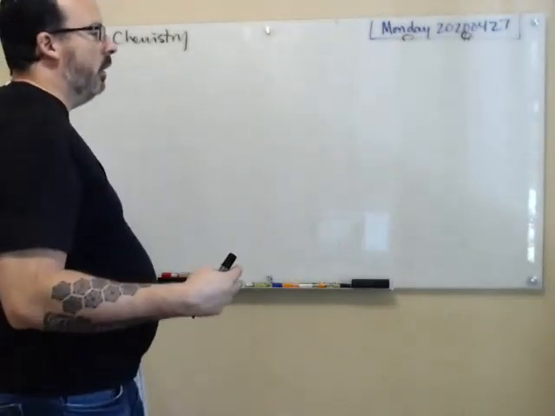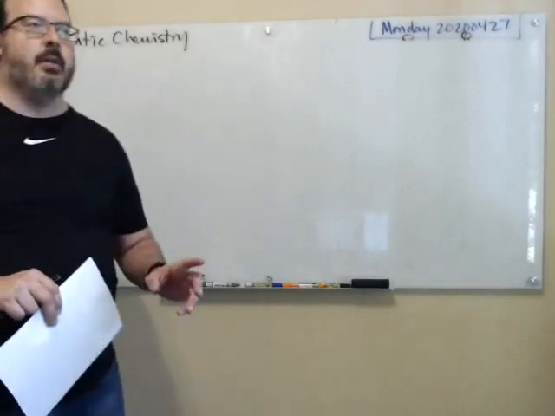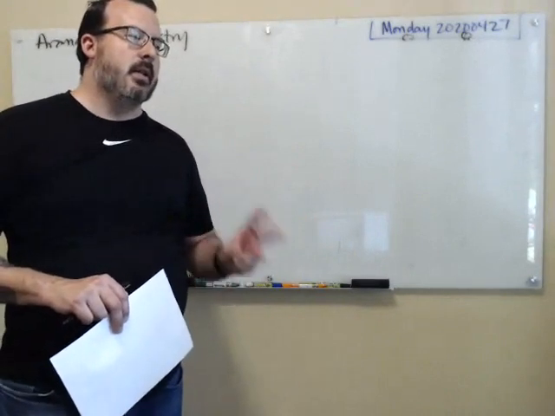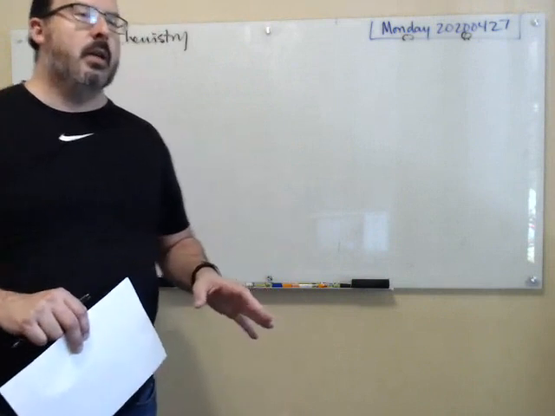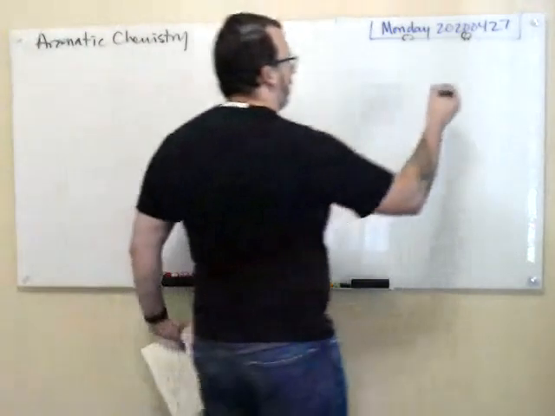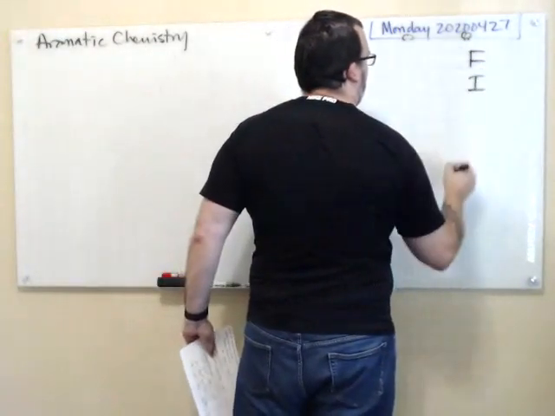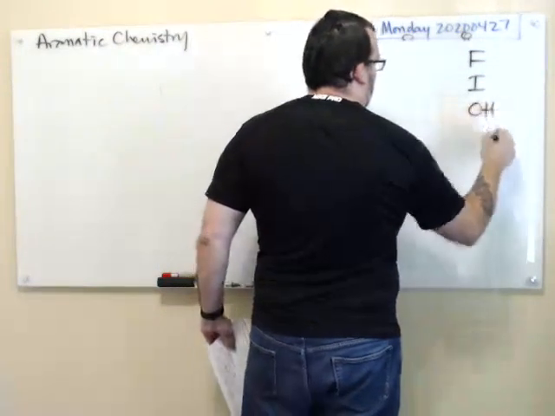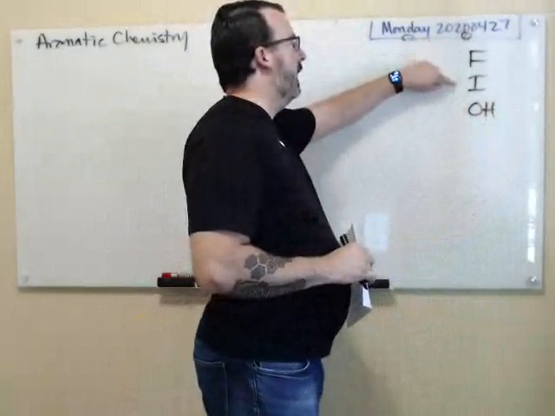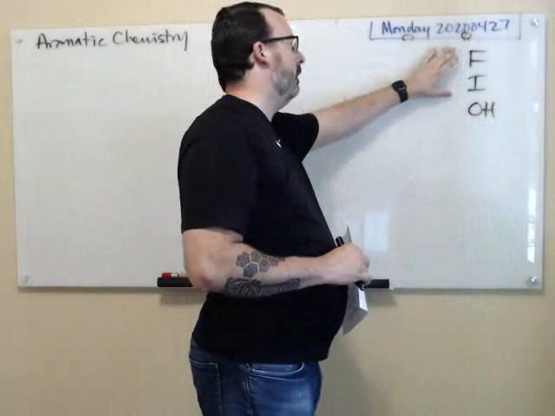So if you recall from last week, we know how to get halogens on the ring. We know how to get carbon on the ring, sulfur, nitrogen. We did not see two of the halogens, fluorine or iodine. We didn't have conditions to do that.